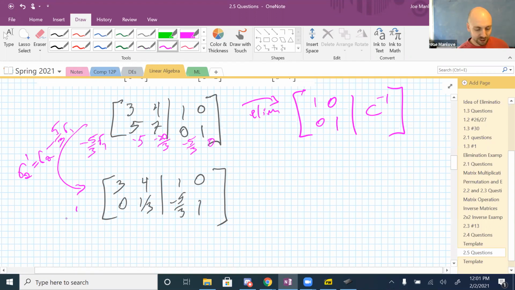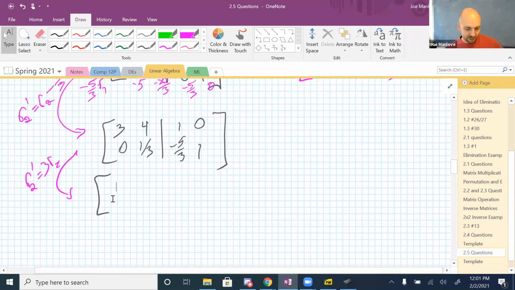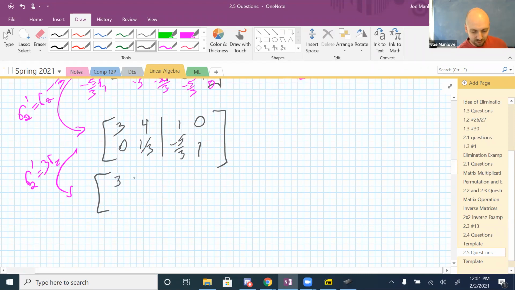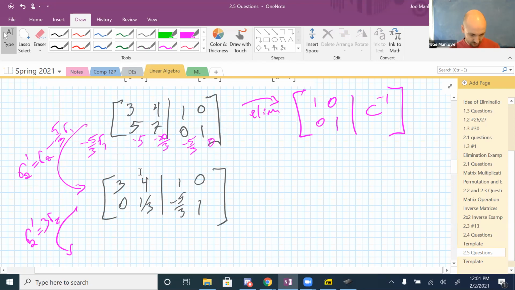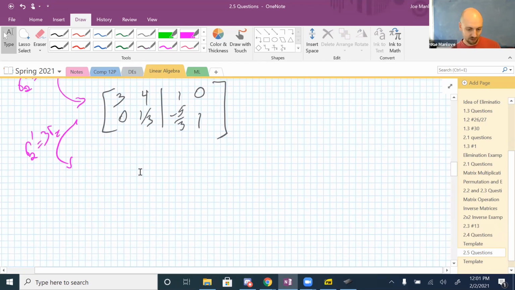So my next step is going to be that the new row 2 is 3 times the old row 2. And so that's going to get me 3, 4 augmented by 1, 0.